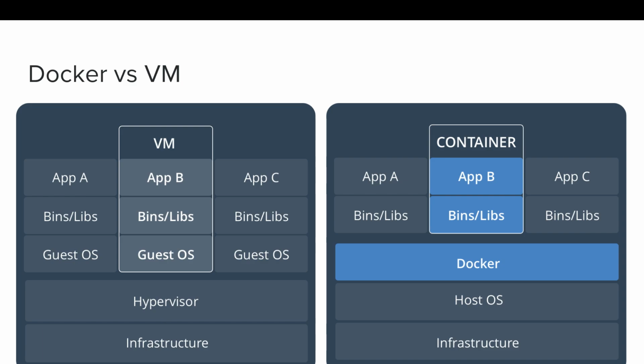Another one of the big things here that isn't really illustrated is that with Docker, containers can actually share bins and libraries. So if I'm running 3 applications, but they all use Node and Express because they're web apps, I don't have to have 3 copies of Node and Express installed. Those containers can share bins and libraries through the applications. So it really cuts down on size because you're not using a guest operating system, and you're not having to install bins and libraries independently for every container; they can be shared.